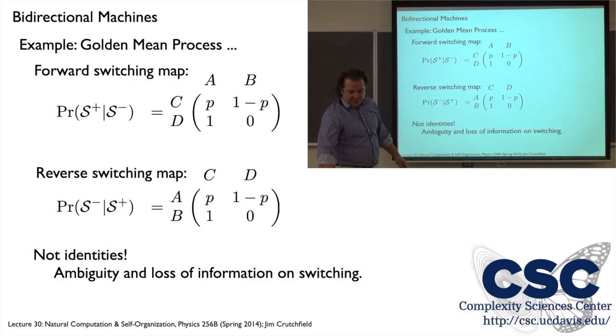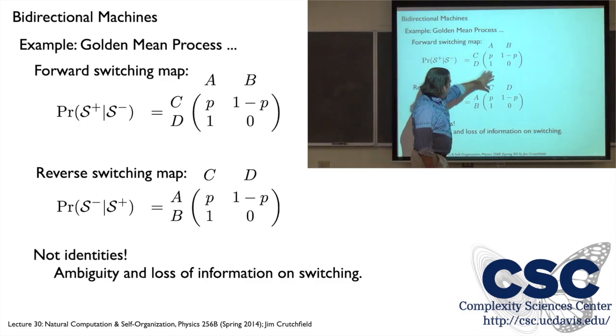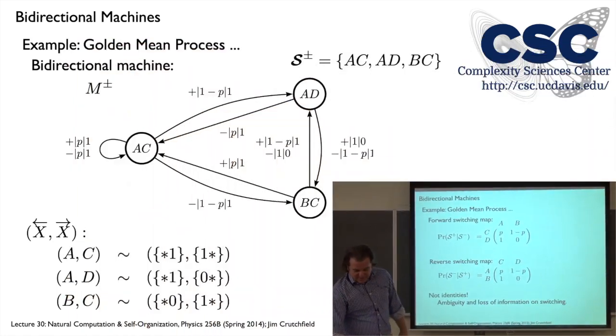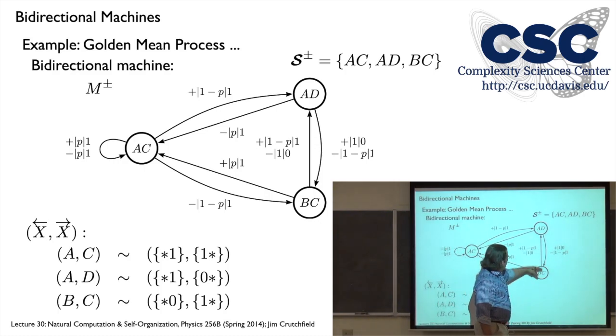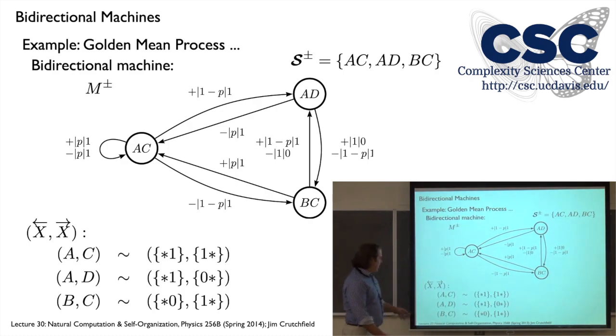And then when you calculate it out, you can use these two conditional distributions to work through what the bidirectional machine is, and it actually has 3 states, not 2, right? So for the even process, we had two of these bidirectional states. Now we have 3. And you can see how they're different when you go back to the lattice example to check these things out.